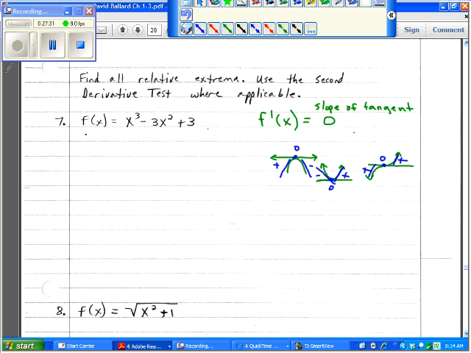So with the first derivative test, if it goes from positive to negative, then at that critical point there is a maximum. If it goes from negative to positive, at that critical point there's a minimum.